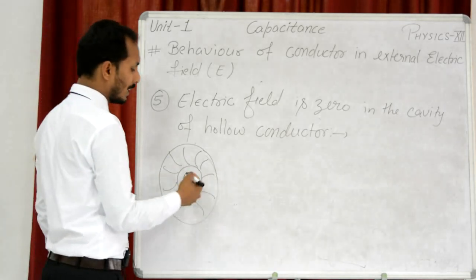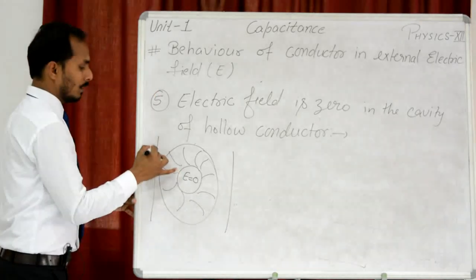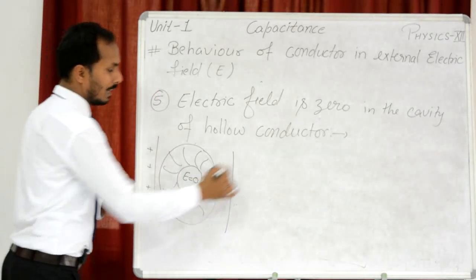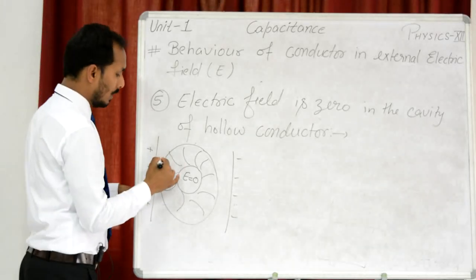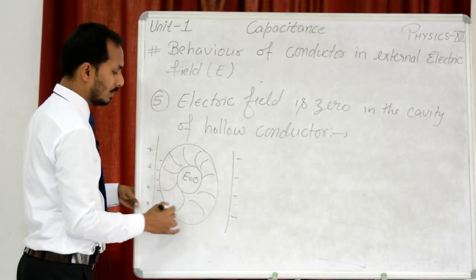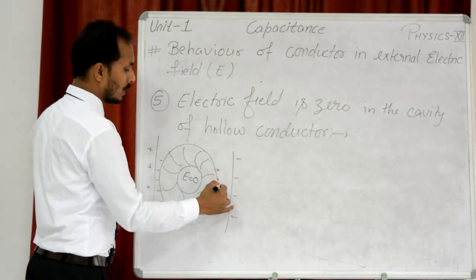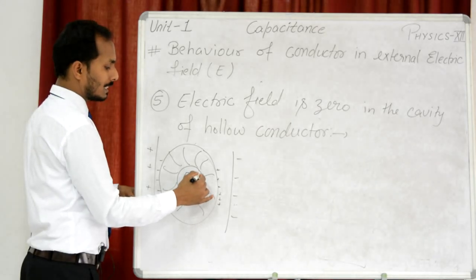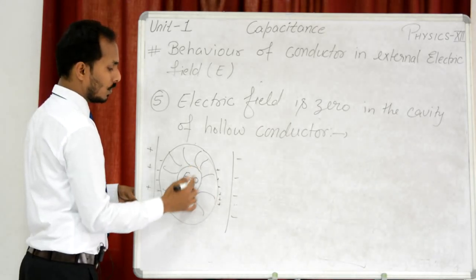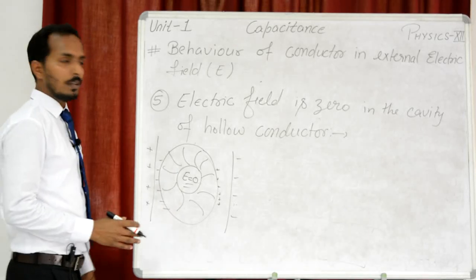Suppose I place a conductor in a uniform electric field: one side creates negative charge and the other side creates positive charge, so the net becomes E equal to 0.